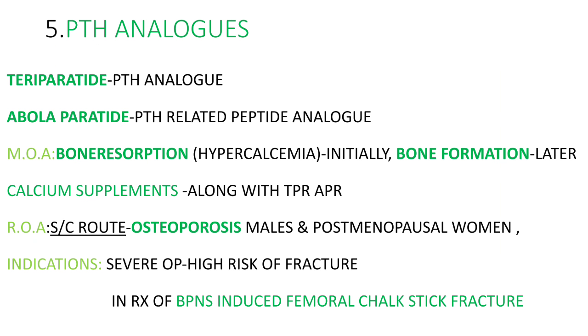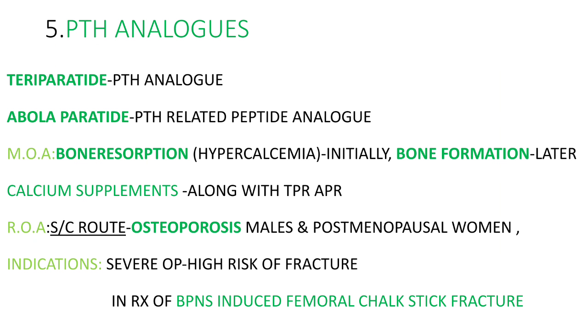Here bone resorption is only a transient effect, it doesn't last long. So hypercalcemia is seen in the beginning and later it will not be seen. And for bone formation calcium is required, so calcium supplements are given along with teriparatide and abaloparatide.